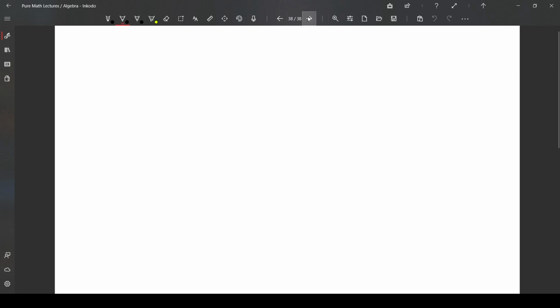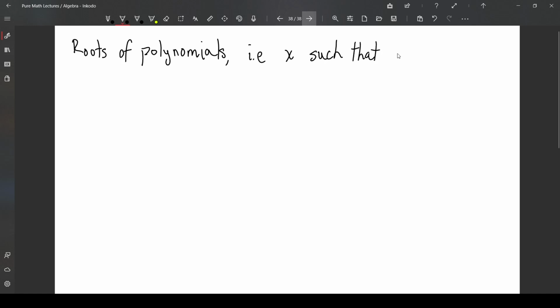So the next thing we want to do is look at the roots of polynomials, i.e. x such that f(x) equals 0.